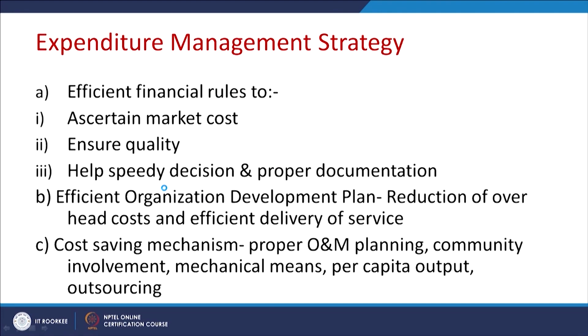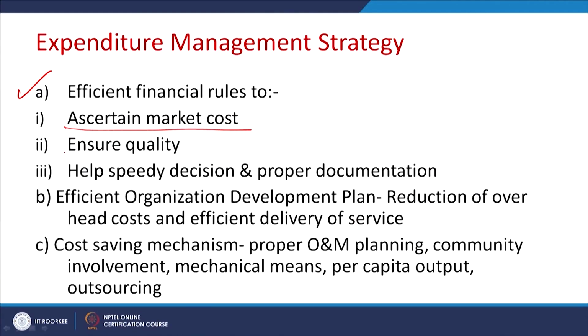So, let us see what could be the expenditure management strategy. Efficient financial rules are required at the local level. Most municipal governments follow the financial rules of the state government, which at times can be insufficient for the municipal body. So, municipal bodies can from time to time make their own rules and regulations.